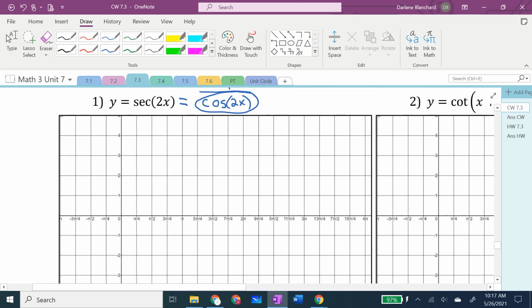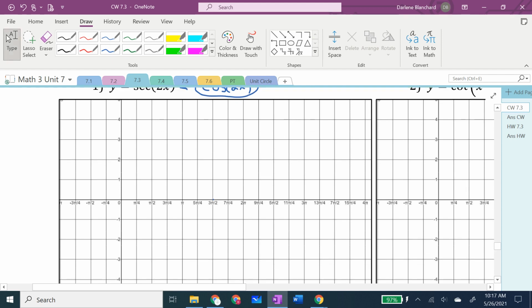So I'm going to start off with cosine x. Cosine x is at its highest point when I'm at angle 0. At pi over 2, it's midline, pi, lowest point, 3 pi over 2, midline, 2 pi, highest point.